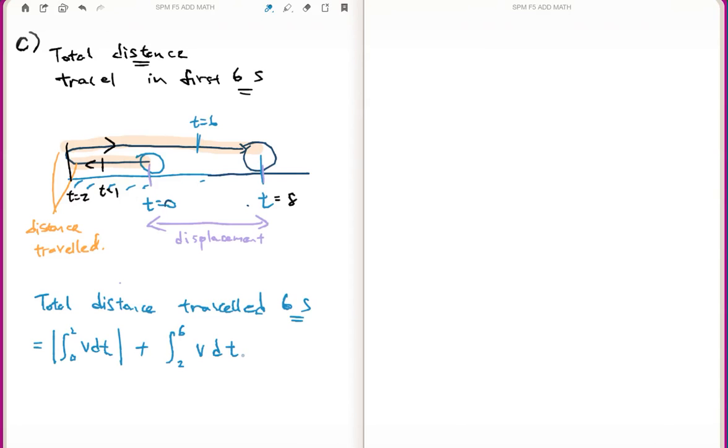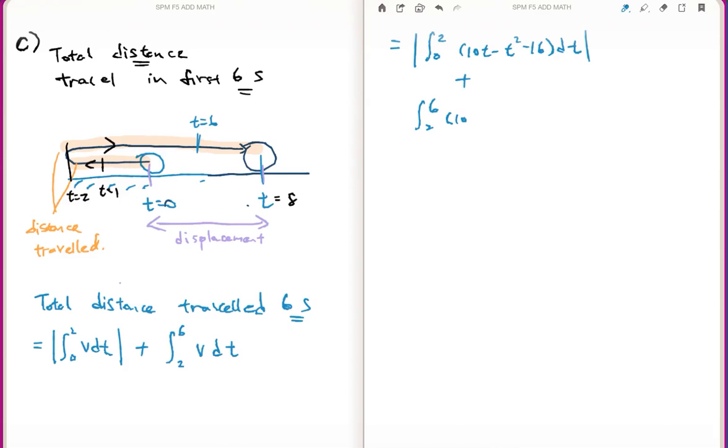Okay. Then if you integrate it, it should look like this: 0 to 2, my v is 10t minus t squared minus 16, dt, plus integration 2 to 6, 10t minus t squared minus 16, dt. You may use a calculator if you have one, and I hope you know how to use a calculator to perform integration.